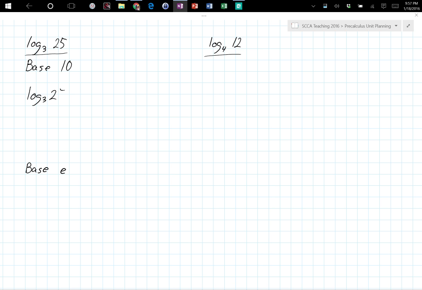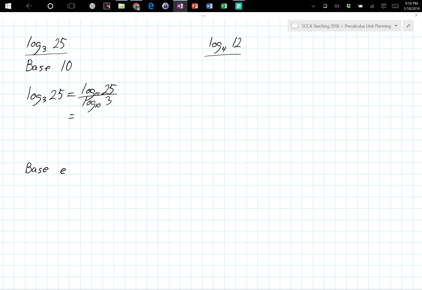I have log base 3 of 25, and I'm just going to take log base 10 of 25 divided by log base 10 of 3. And then I'm going to use a calculator and evaluate the log base 10.